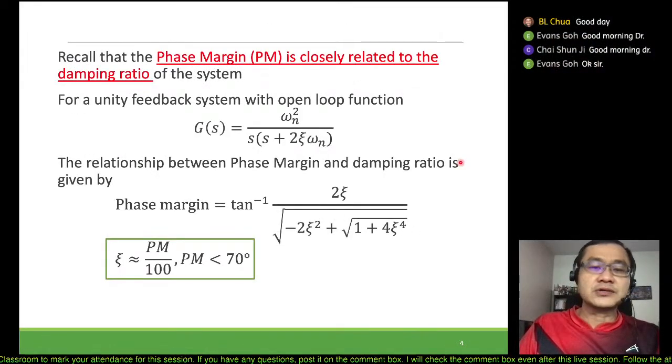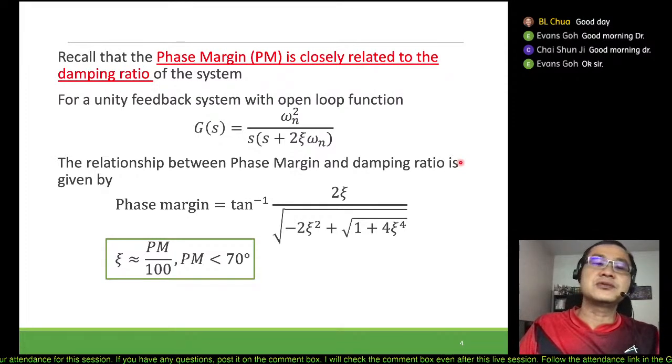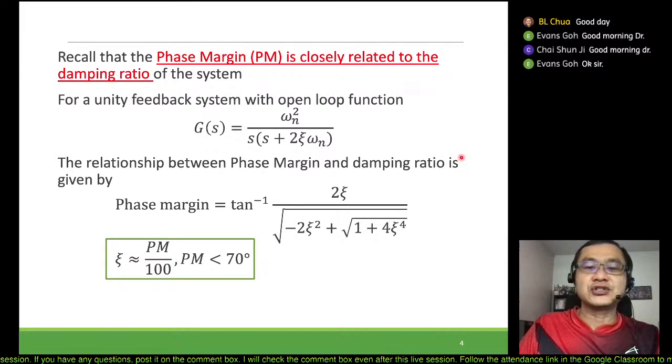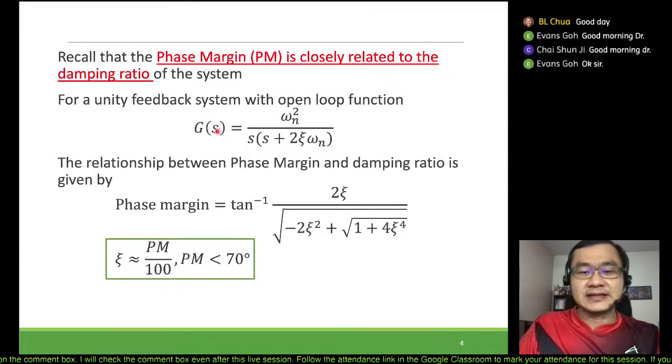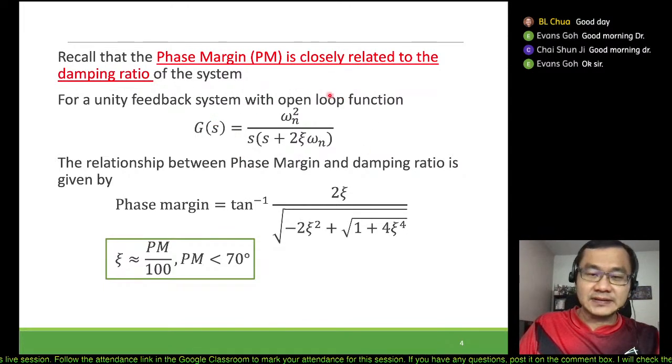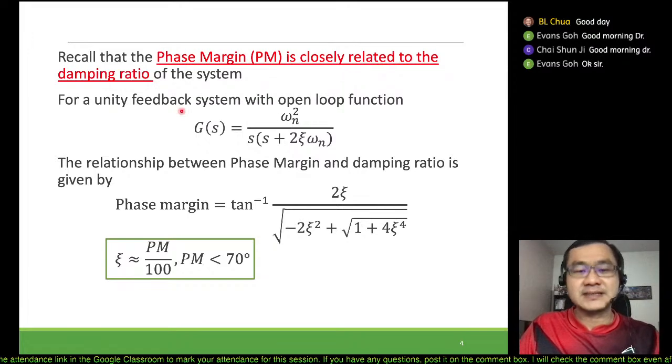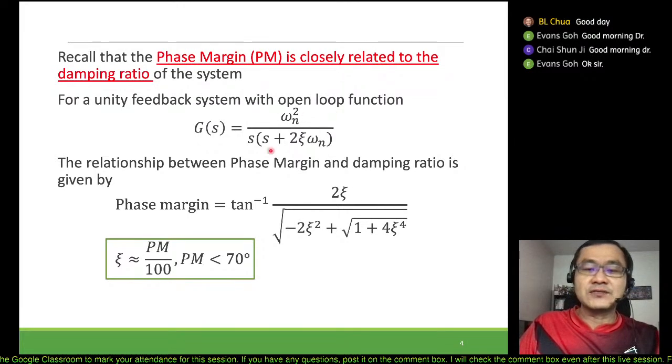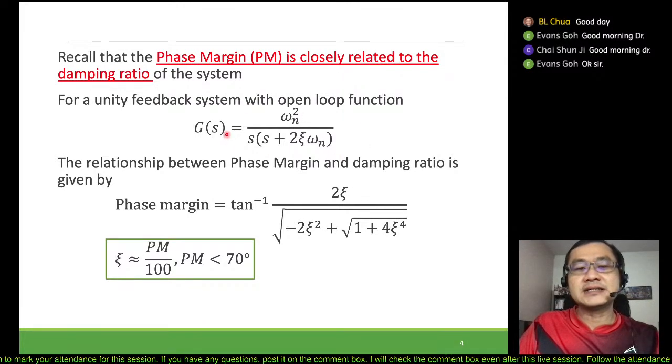Just recall the phase margin is closely related to the damping ratio of the system, which we can form from this particular open loop function of a unity feedback system. Given as such, this is a second order system.